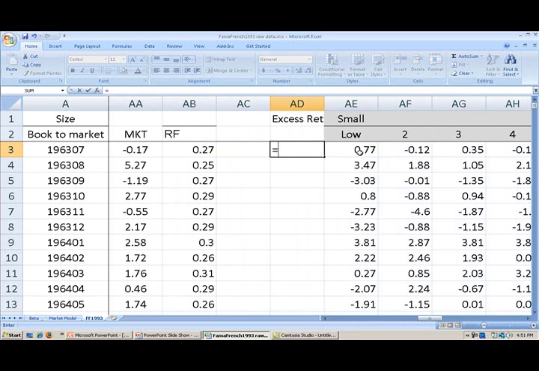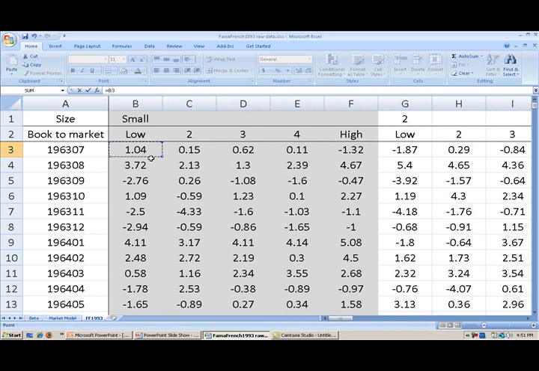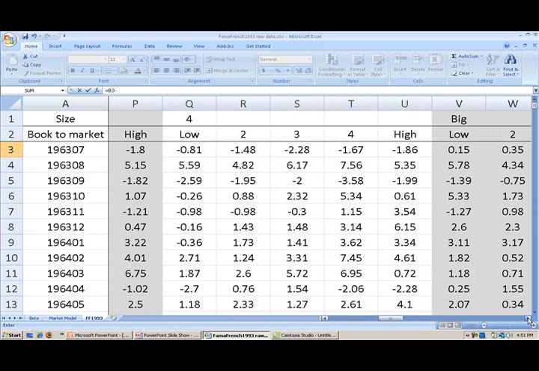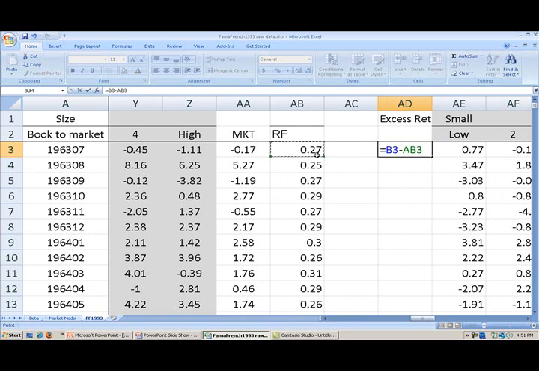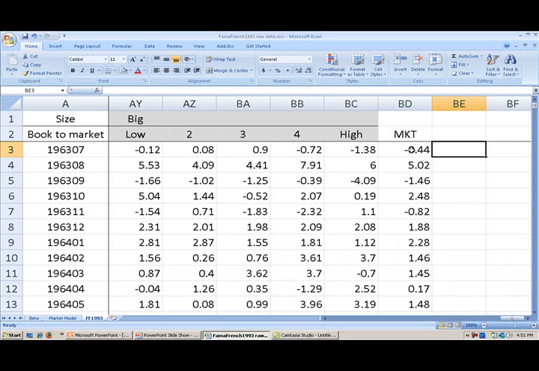The excess returns on the low portfolio in 1963 should be equal to the raw return minus the risk-free rate for that same month, and we see we get the same number as we got from our matrix operation. So we have very quickly calculated excess returns for all 25 portfolios, including the market.